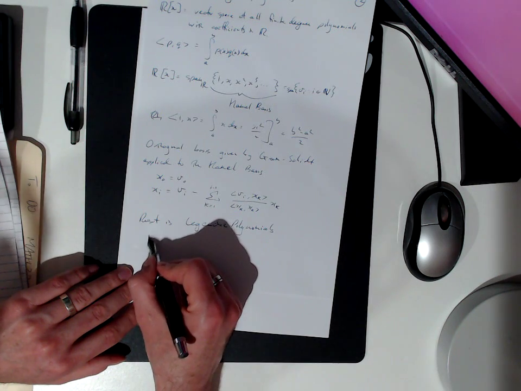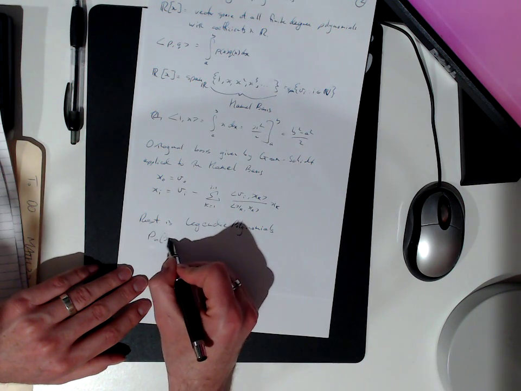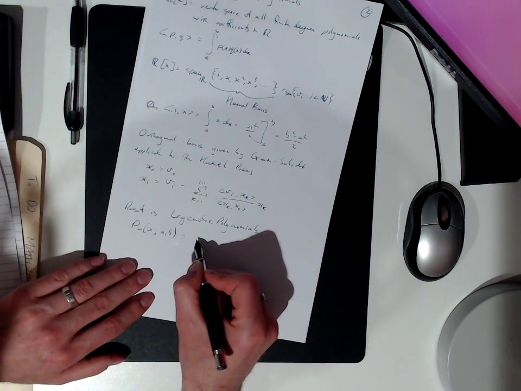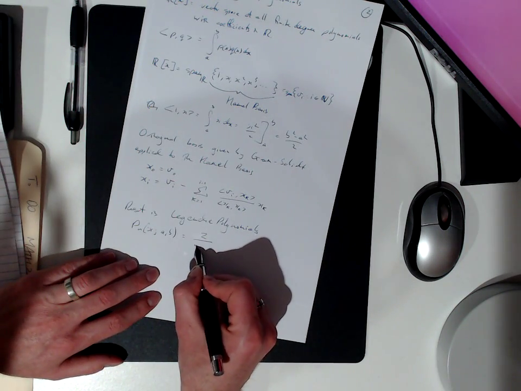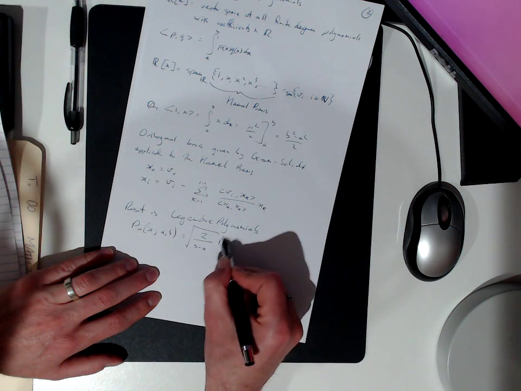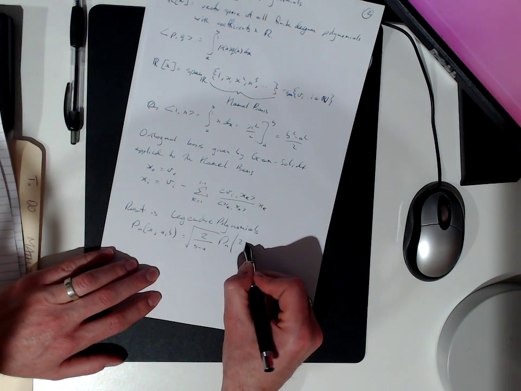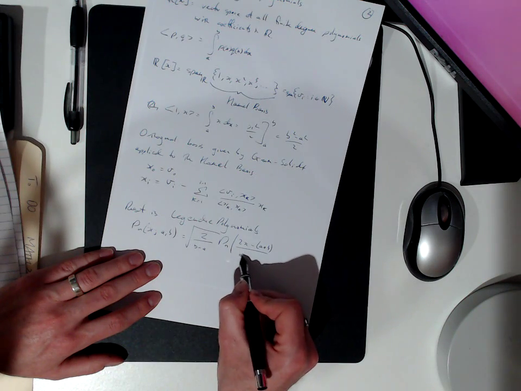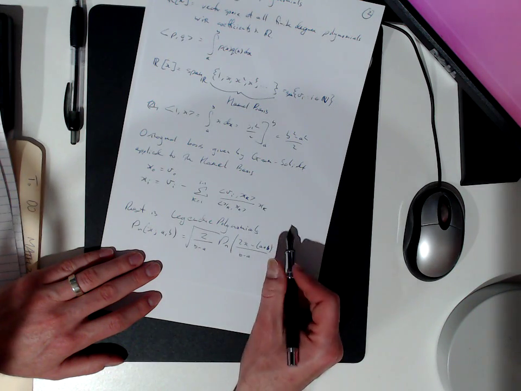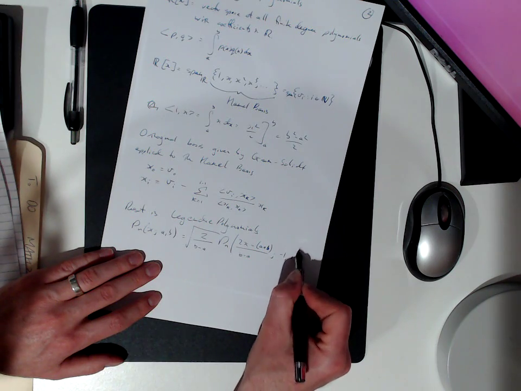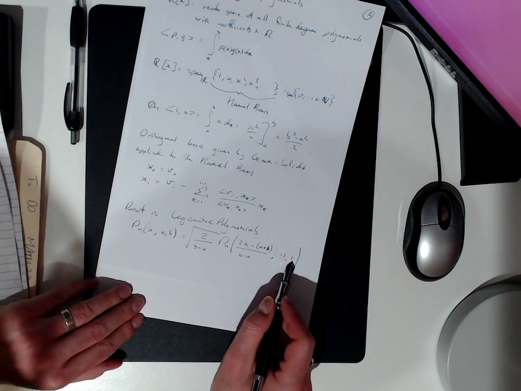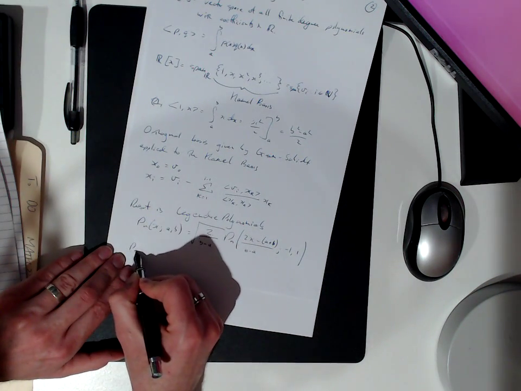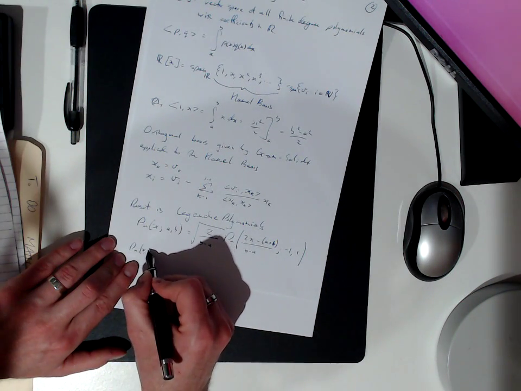So the polynomial is on the interval [a, b]. And this can be written as some transformation with respect to the Legendre polynomial between -1 and 1, and those polynomials can be written down.